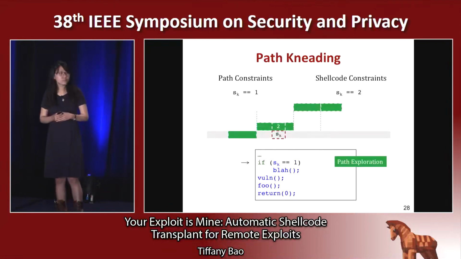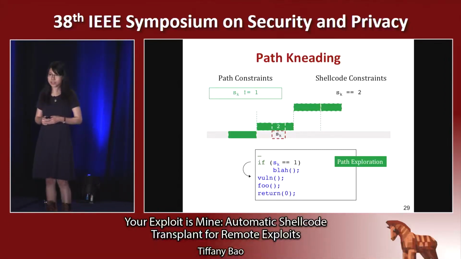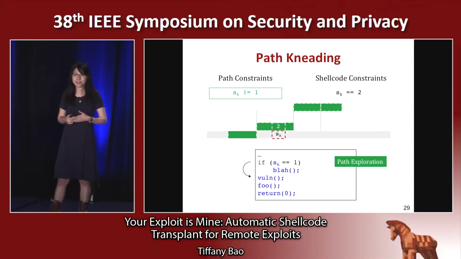For example, if we start with path exploration at this if statement, and one possible path is to say if sk is not equal to 1, so we will not call the function blah, and we go to the vulnerable function. In this way, we change the path constraint from sk is equal to 1 to sk is not equal to 1. And now the path constraints no longer contradict the original shellcode constraints, and we are very happy.